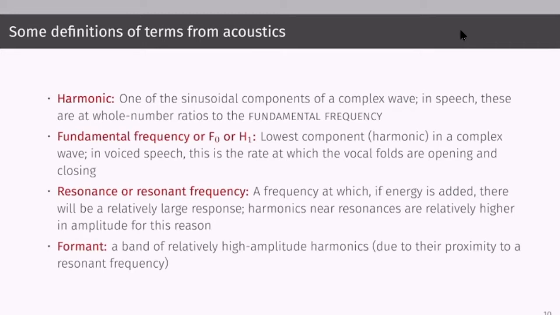And a resonance or resonant frequency is basically what we've already said. So it's a frequency that if energy is added to a physical system at that frequency, there'll be a relatively large response. So what happens is if you're a harmonic and you're lucky enough to be near a resonant frequency, then you get amplified.